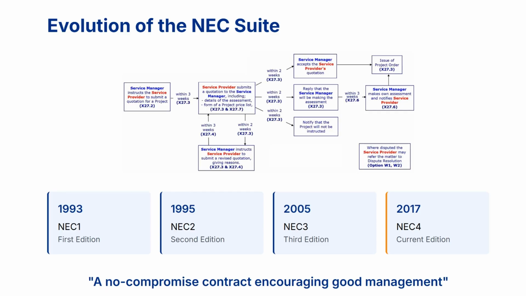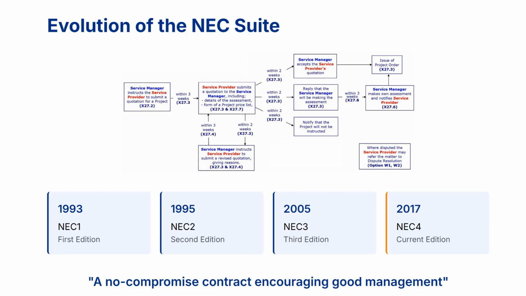The NEC contract suite has evolved significantly since its introduction. Starting with NEC1 in 1993, it was a revolutionary approach to construction contracts, focusing on clarity and collaboration rather than the adversarial relationships common in traditional contracts. NEC2 followed in 1995 with refinements based on industry feedback.